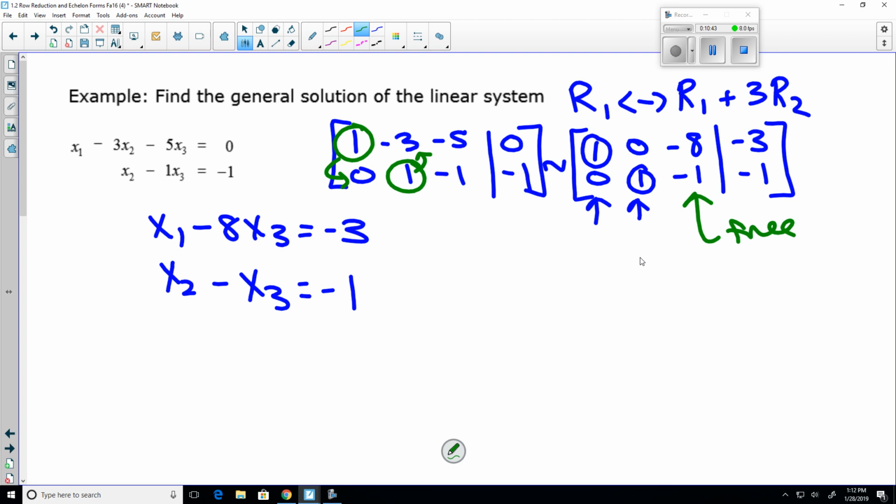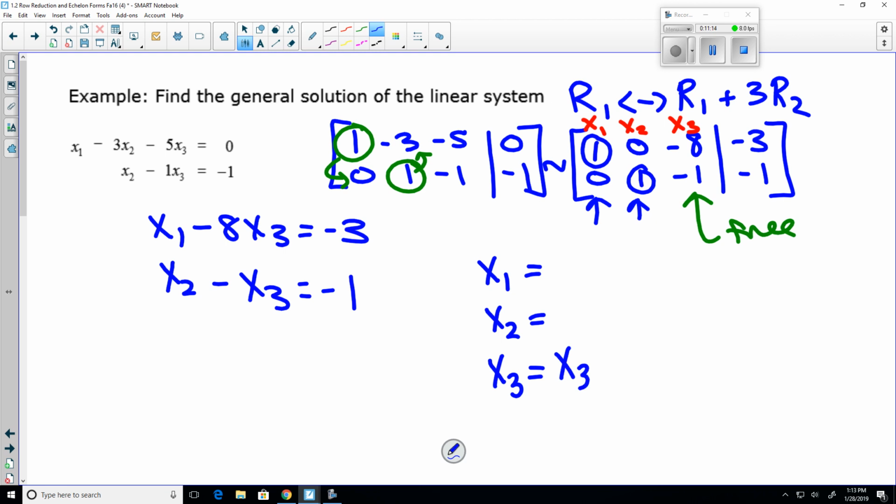Remember, the columns correspond to the coefficients of these three variables, so they correspond to those three variables. So to write my solution, I want to know the solution for all three of these. That's my goal. That's what I'm trying to solve for. Okay? x3 is free.